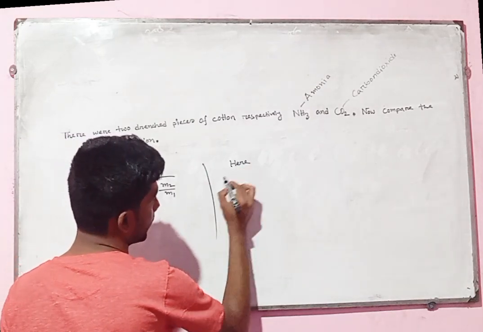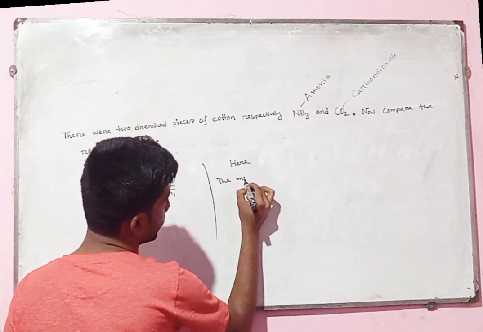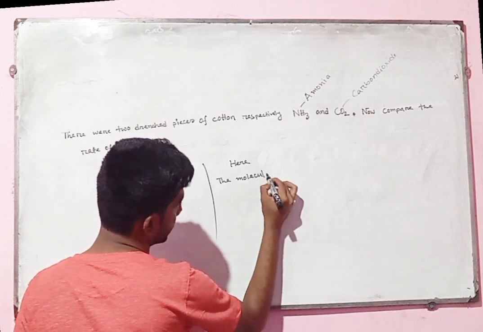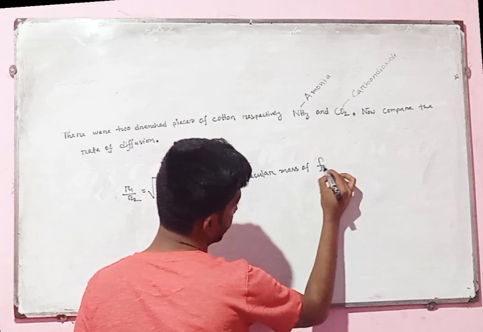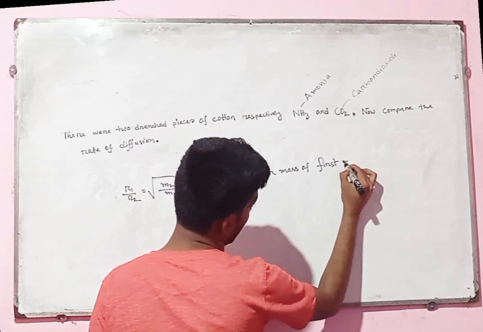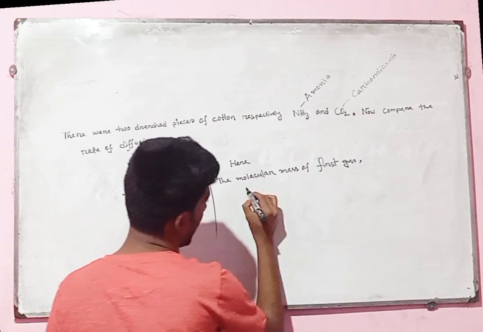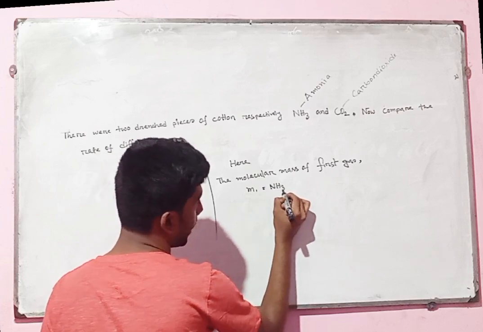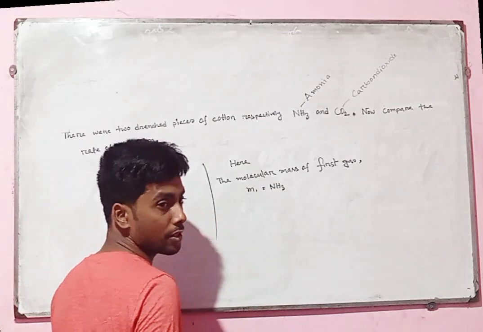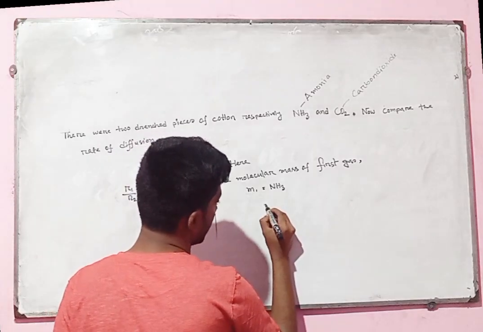Here, the molecular mass of the first gas, M1, equals NH3, ammonia or nitrogen trihydride.